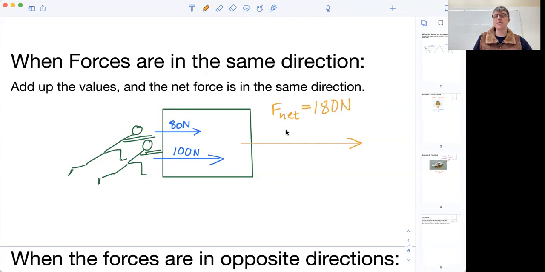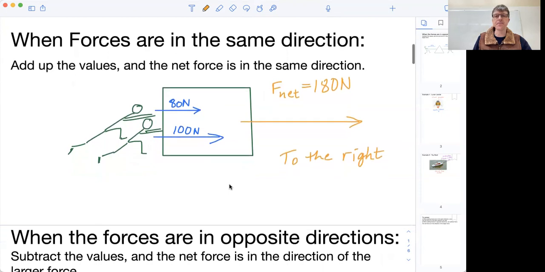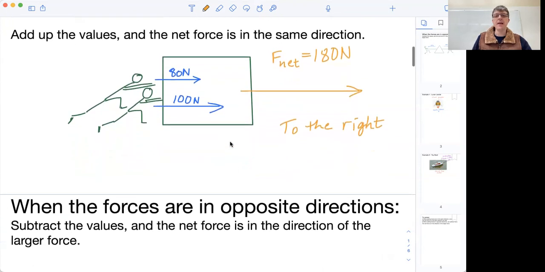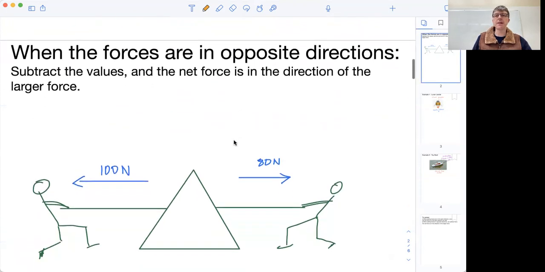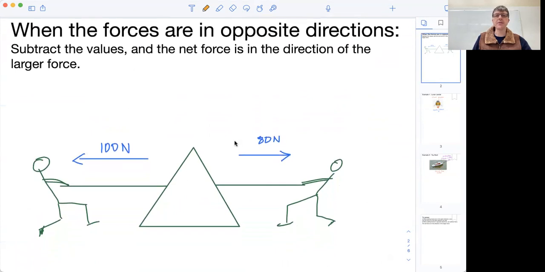Now I could either write a force vector like that, or I could write the words, but you have to do one or the other. You could say to the right. So you could either use words or an arrow to show the direction, but you have to do one or the other.